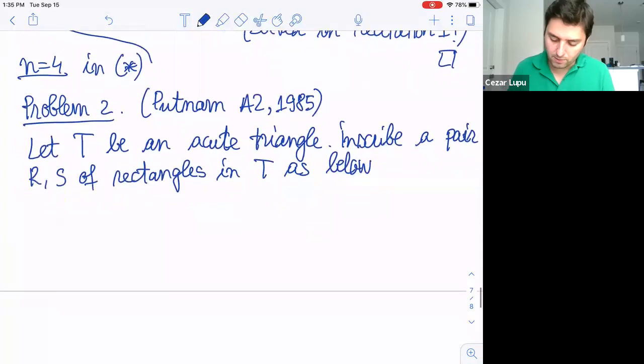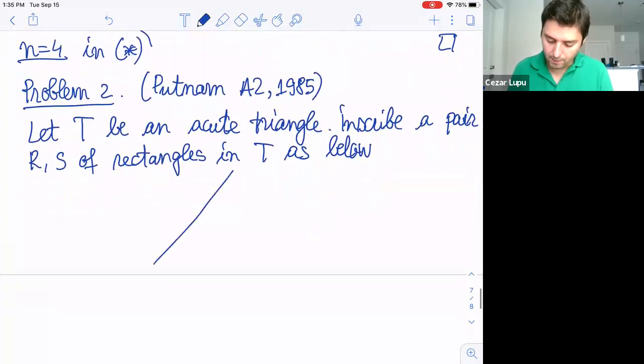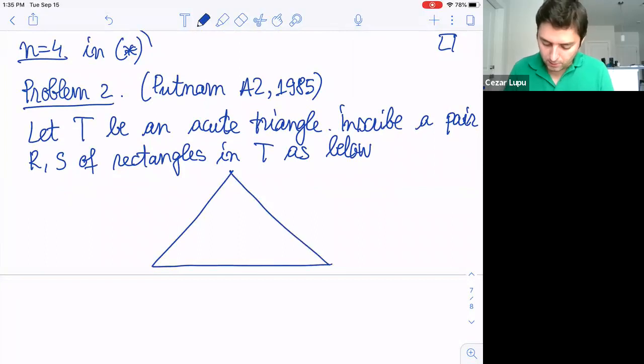And let me draw the picture. So this is the triangle, right? And I'm going to inscribe in the following way. This would be the rectangle, the first one. And then I'm going to inscribe here another one, like this. So this is S and this is R.